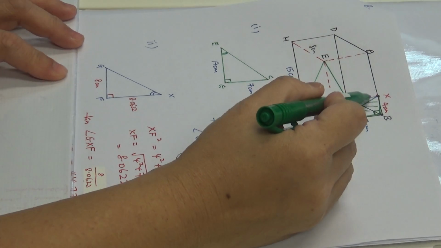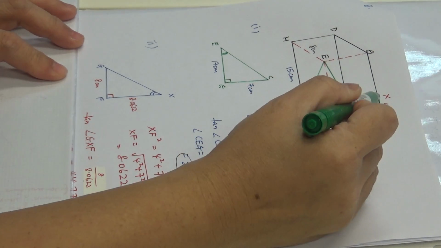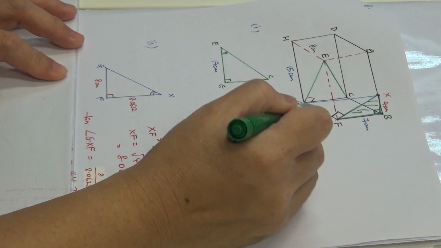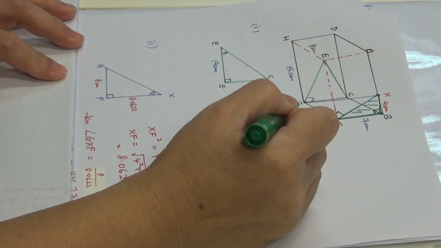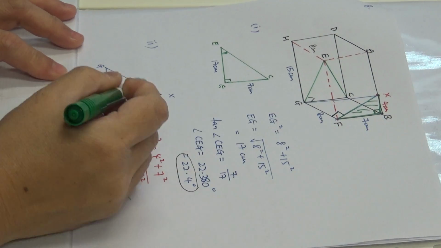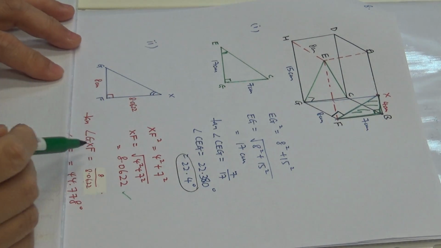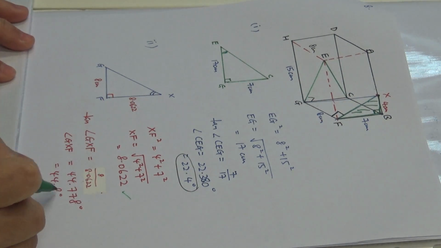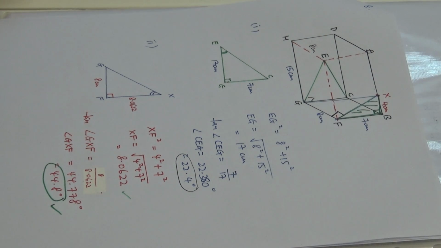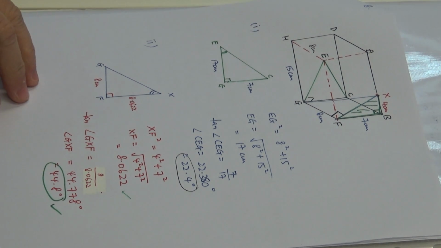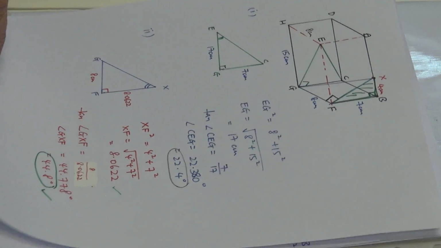Then I look at this particular part, I already know XF, I know this as 8, I can find angle GXF. I want to find this angle, so I also use tangent in order to find the angle, and I will get the answer as 44.8 degrees. That will be your example, your question number 8.